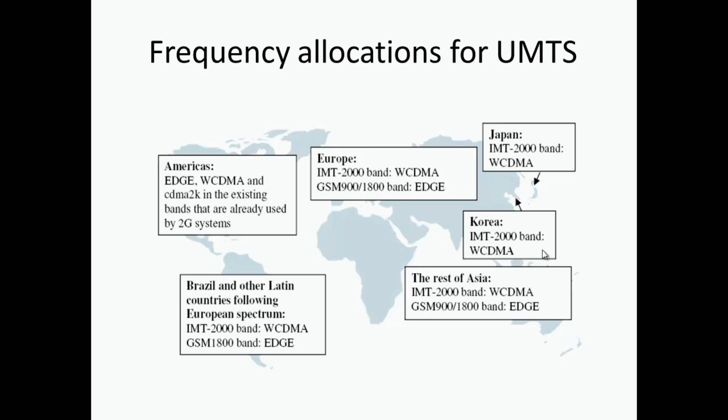Japan is also using the IMT 2000 band WCDMA, and Korea is also using the IMT 2000 band WCDMA. The rest of Asia is also following the same. But in Brazil and other Latin countries, the European spectrum IMT 2000 band, WCDMA, GSM 1800 band EDGE is used.